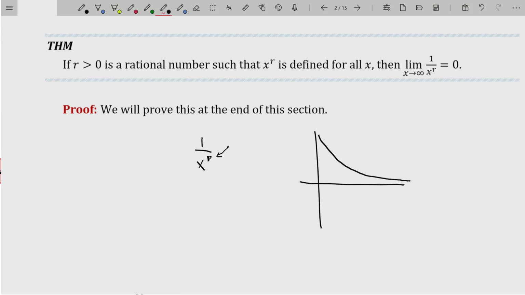That's if, by the way, it's a natural numbered power. But as x goes to infinity, you can easily see the function gets closer and closer to a height of 0. That argument still holds if the power is not a natural number, but instead a rational number, like a 1/2 or something like that. It still holds. It's just a little bit harder to draw. But still, anyway, I hope you get the point.